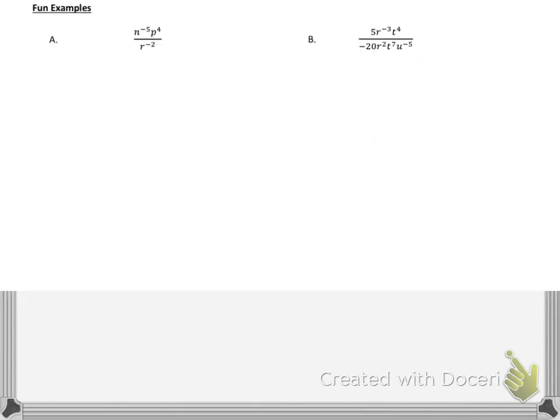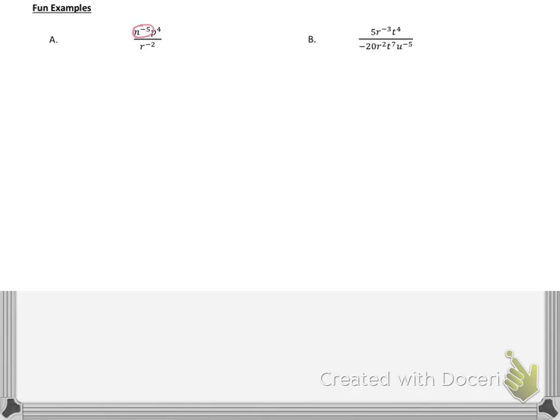Alright, fun example A. I have n to the negative 5th, p to the 4th in the numerator, all divided by r to the negative 2 power. Notice that there aren't any multiple variables, but the reason this is not simplified yet is because of these negative exponents. Simplified means positive exponents.